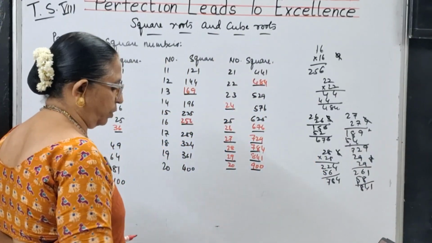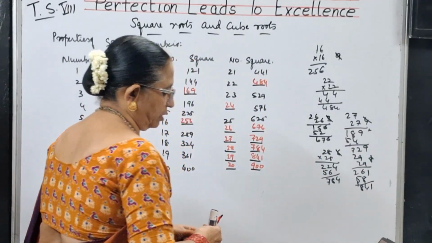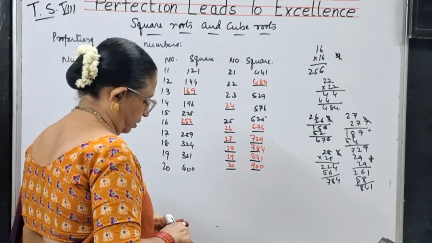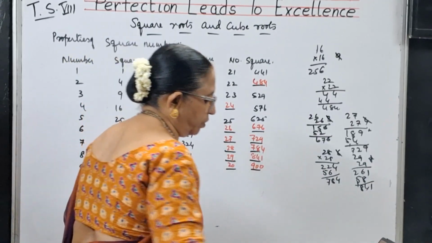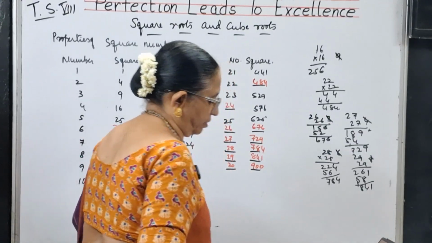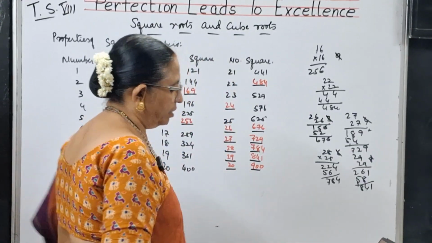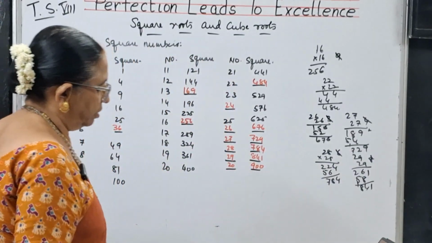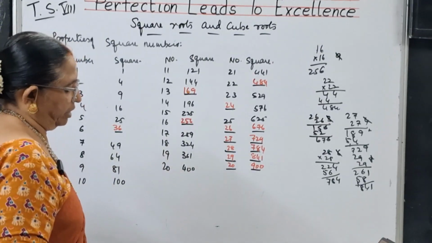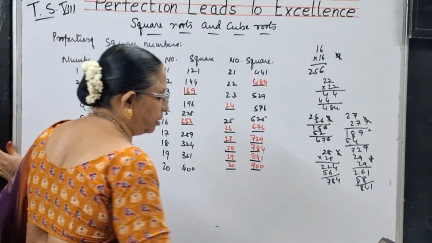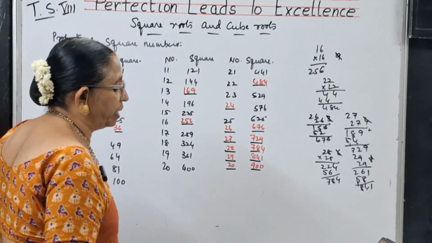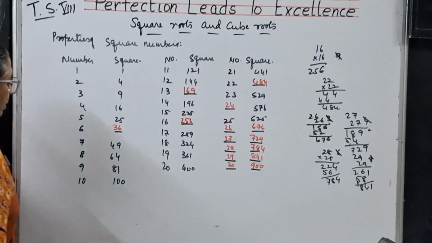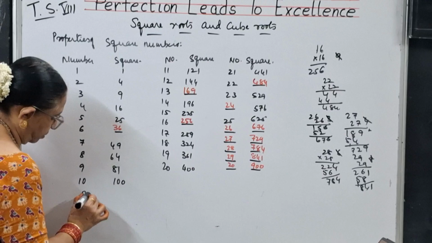So what are you understanding with this? The numbers that are ending with 0, 1, 4, 5, 6 at its units place, they all are called perfect squares. So all the perfect squares, you observe the digits in units place of the square numbers.